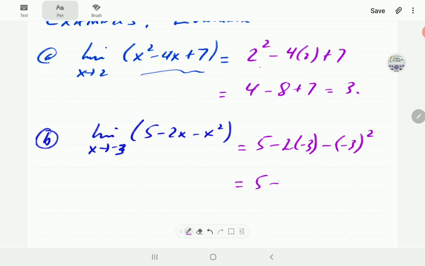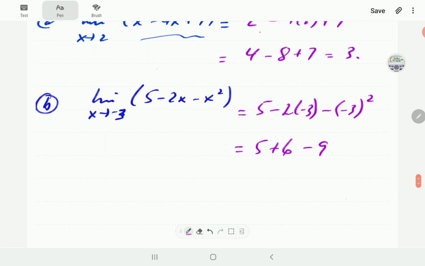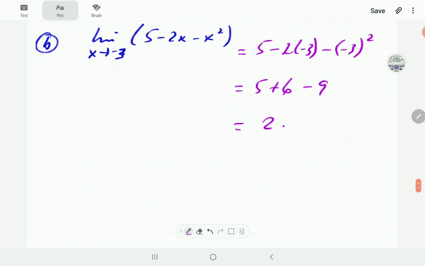It's going to be 5 plus 6 minus 9. This is going to be 11 minus 9, which is equal to 2.